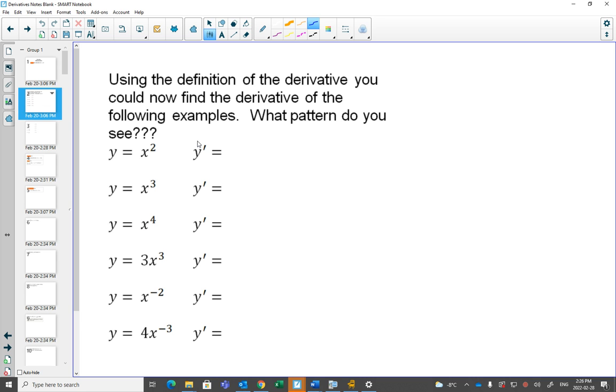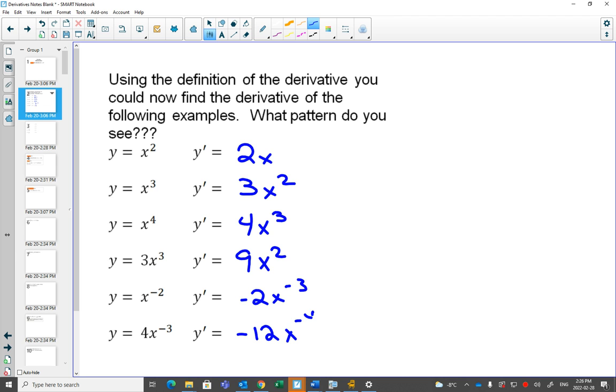So let's say we did the definition of the derivative for each of these, and you got this one to be 2x, and this one to be 3x squared, and this one to be 4x cubed, and this one to be 9x squared, and this one to be negative 2x to the negative 3, and this one to be negative 12x to the negative 4. And that's about how fast we can do the derivatives if we can recognize a pattern.